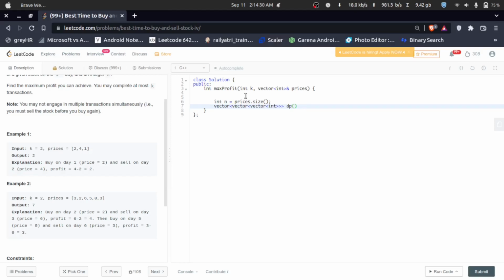So first we'll make the position, so n plus 1, then vector of integer of k plus 1, and after that vector of integer of 3, and all are minus 1. So right now my initialization part has been completed.